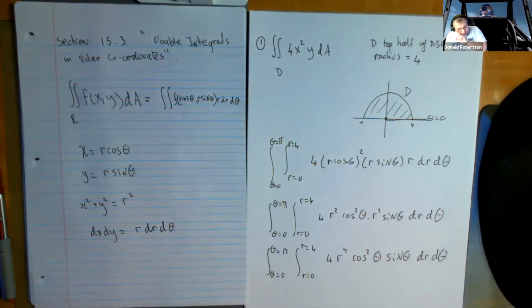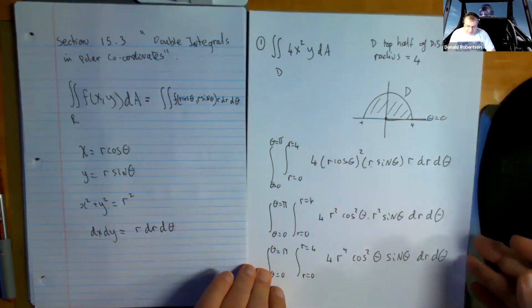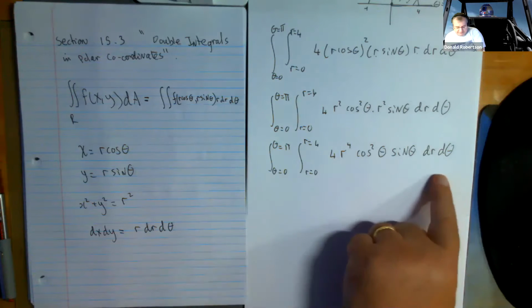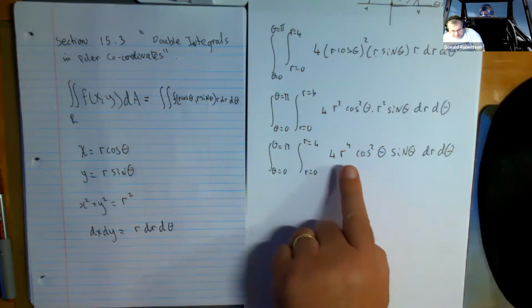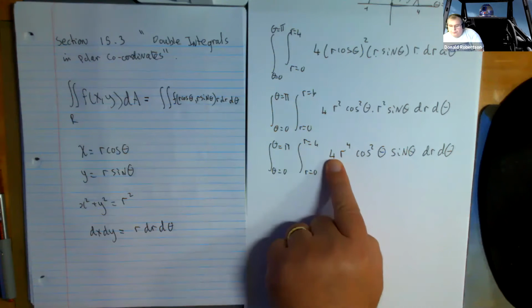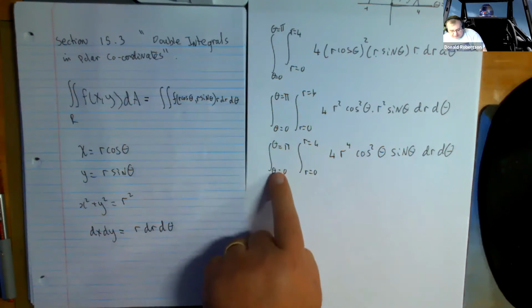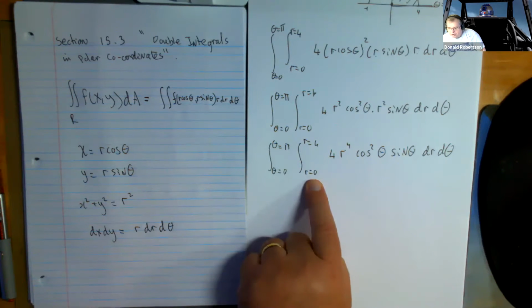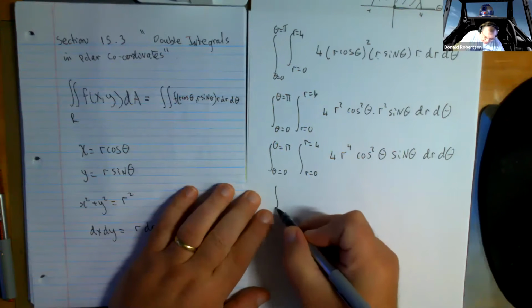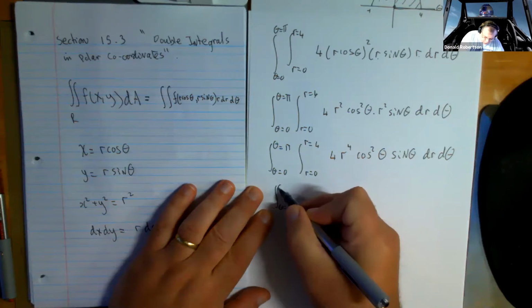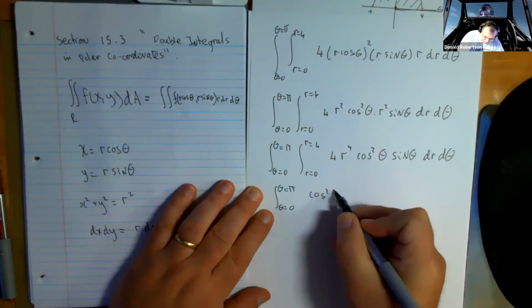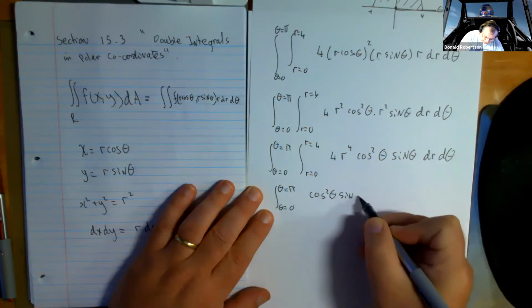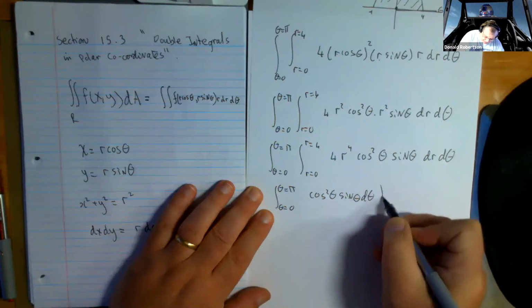So after 2 or 3 lines of algebra, you should be looking at this. Here's a couple of tricks of the trade. These are variable separable, and aren't the limits of integration numbers? What that means is I can separate this question into 2 distinct integrals.